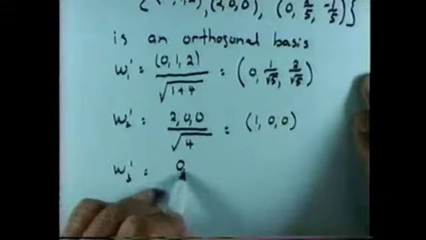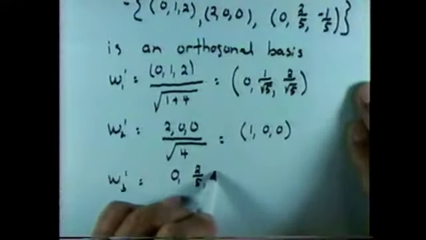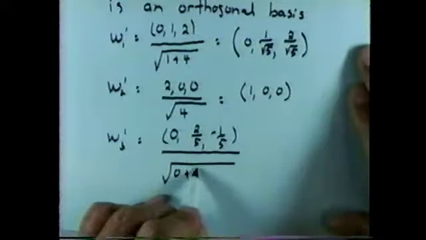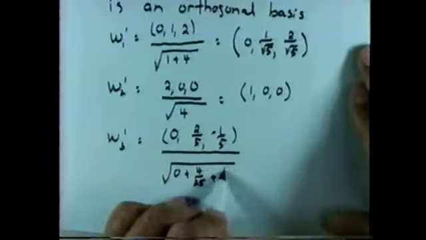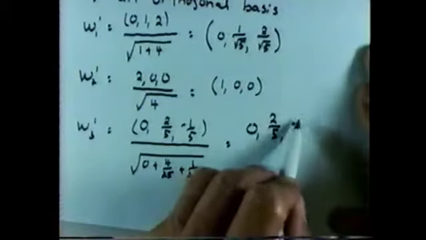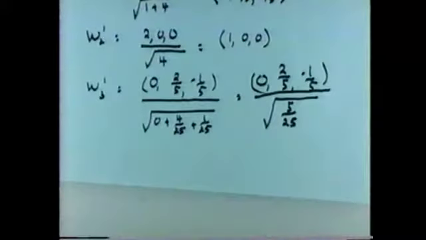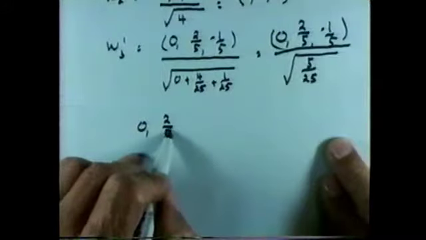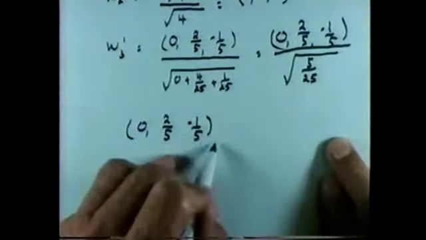W3 prime is going to be (0, 2/5, negative 1/5) divided by the square root of 0 plus 4/25 plus 1/25, which is (0, 2/5, negative 1/5) divided by the square root of 5/25, which is (0, 2/5, negative 1/5) divided by the square root of 5 over 5.